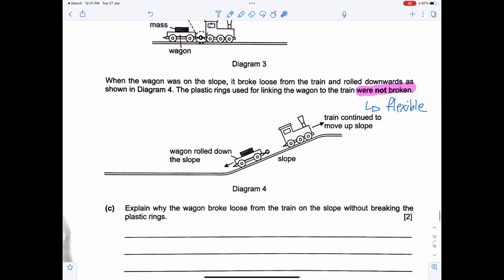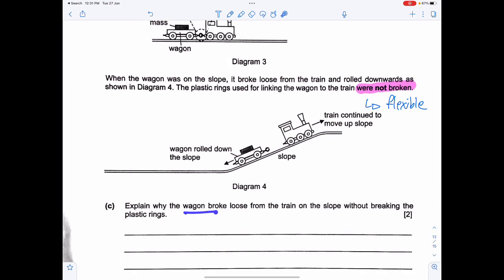And then they ask you, explain why the wagon broke loose from the train without breaking. Once again, they highlighted this fact, without breaking. So this tells me it's got to do with the property of the plastic ring. Plastic is something you've learned before. How come none of you actually realized that?